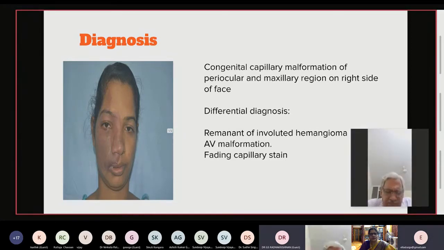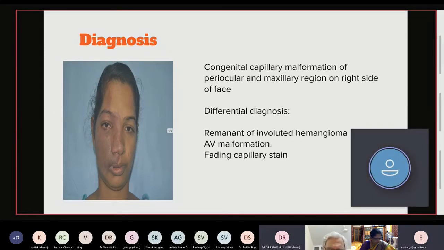Hemangiomas start involuting by the age of 10 years, sir.